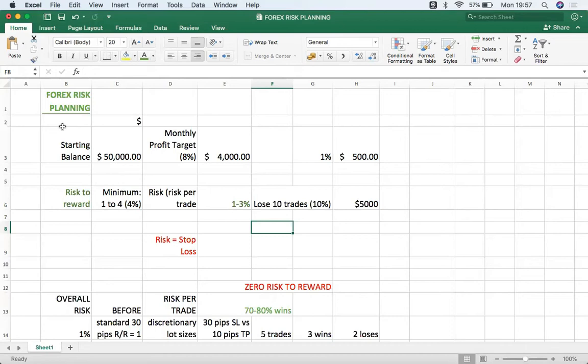So yes, today I'm going to try and help you guys understand risk management from a perspective of planning your risk, understanding risk to reward.